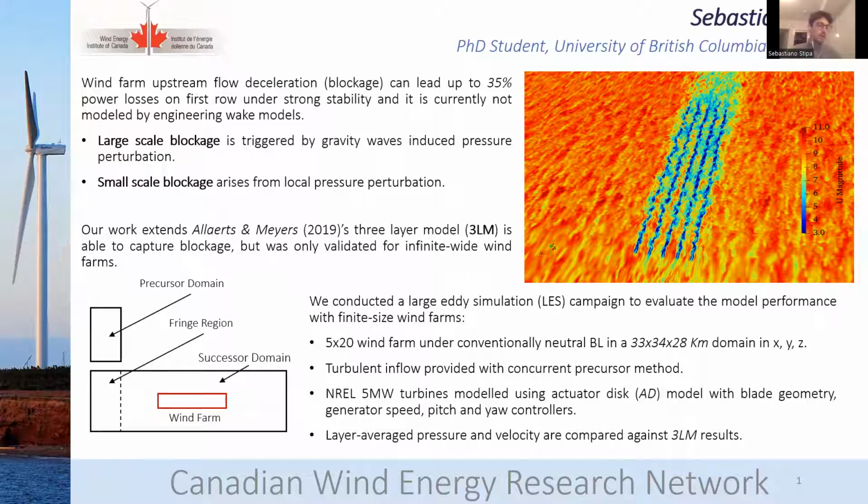So we conducted a large eddy simulation campaign in order to evaluate the model performance with finite-sized wind farms.